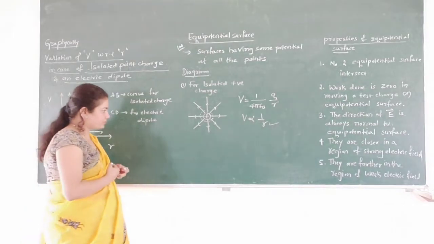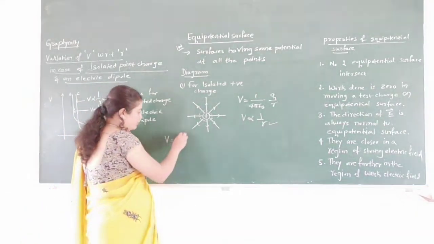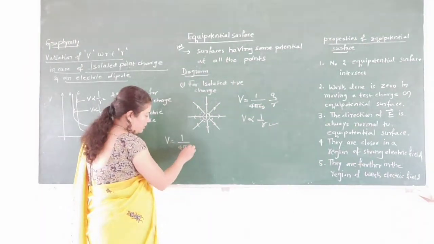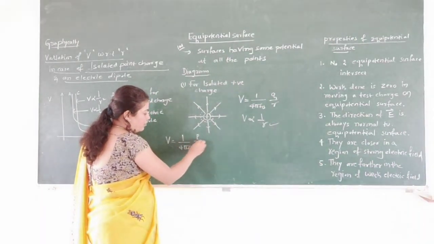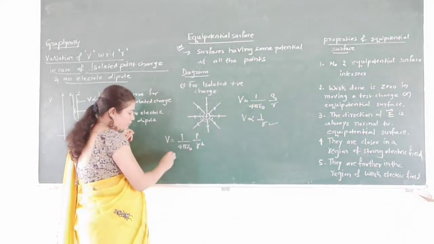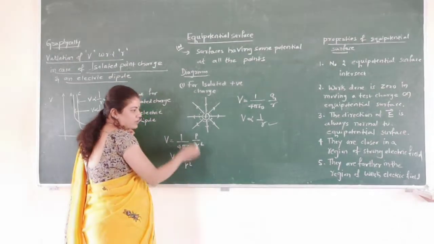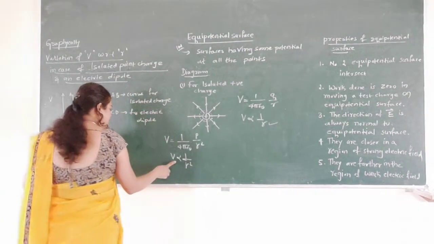Similarly, electric potential for an electric dipole is 1 divided by 4 pi epsilon naught, P divided by R square. For a given dipole moment, V is inversely proportional to R square. Since it is squared, it decreases further.